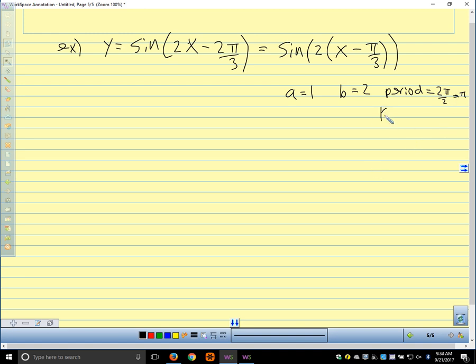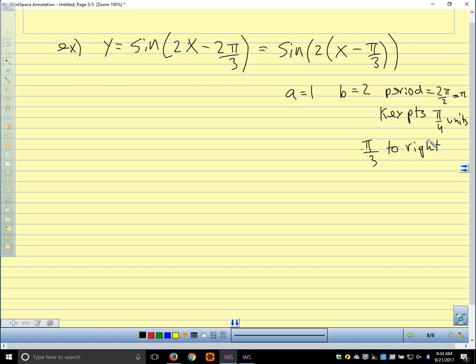We get our key points at pi over 4 units, but our shift is pi over 3 to the right. So for this one, yes. Did you get the key points of pi over 4? 1/4 of the period. So always for sines and cosines, you always get your key points at quarter period spacing.